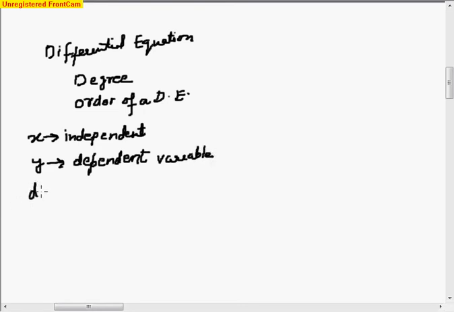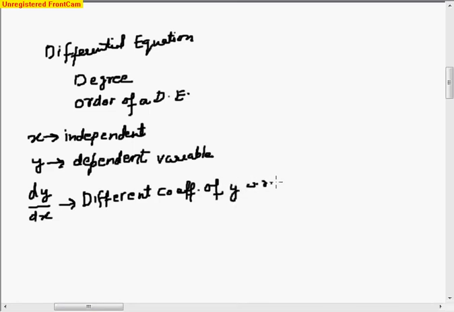Then this derivative of y with respect to x, you are all familiar with this term. This is called the differential coefficient of y with respect to x, right?